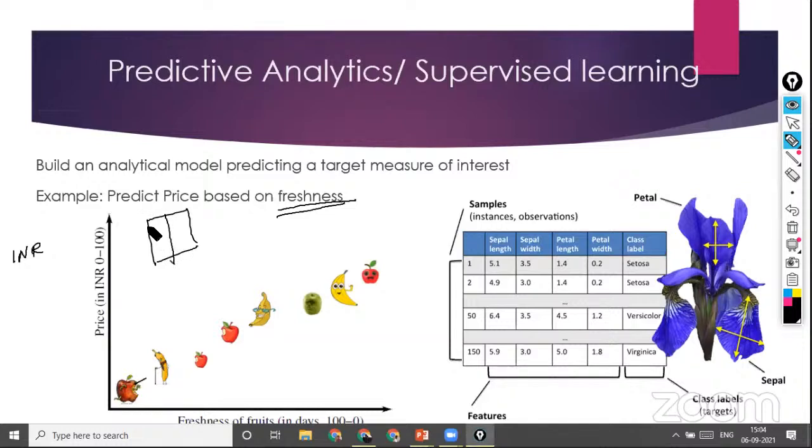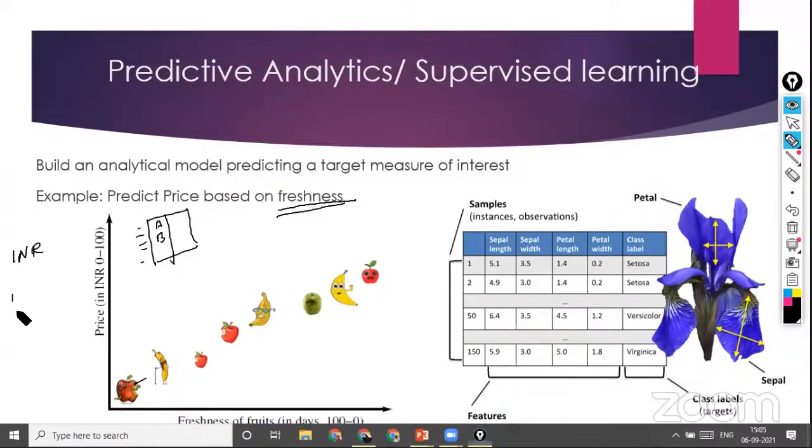You have the fruit name. So these are our samples, like apple, banana. Okay, so different types of fruits are there. And for each fruit, you have the corresponding freshness. Maybe you can scale freshness in days.